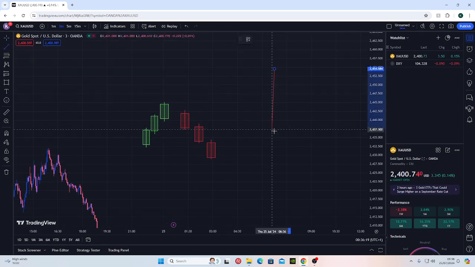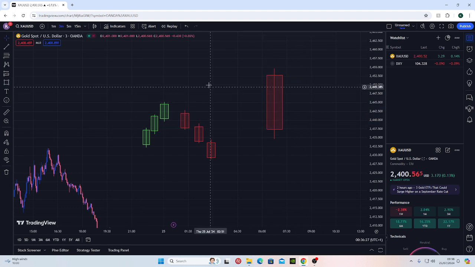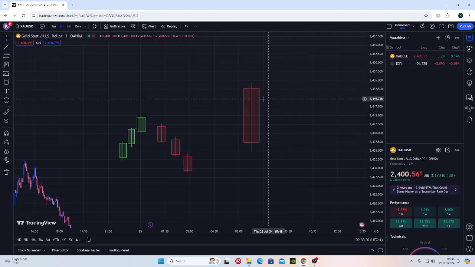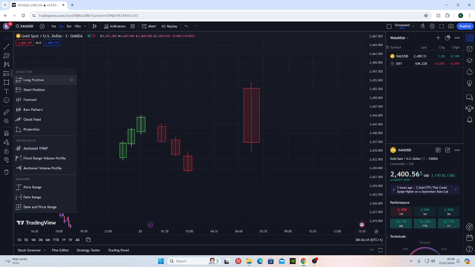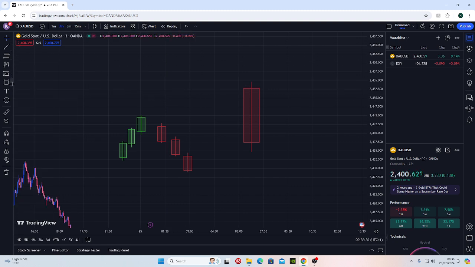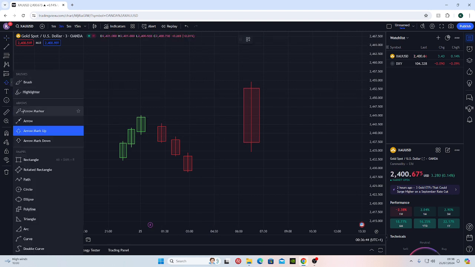Now, when you've got your massive candle, obviously this is going to be a seller's candle. Let me get an arrow. There we go.